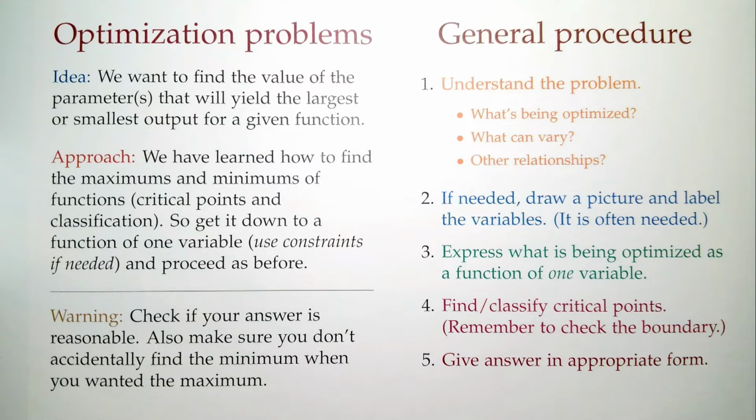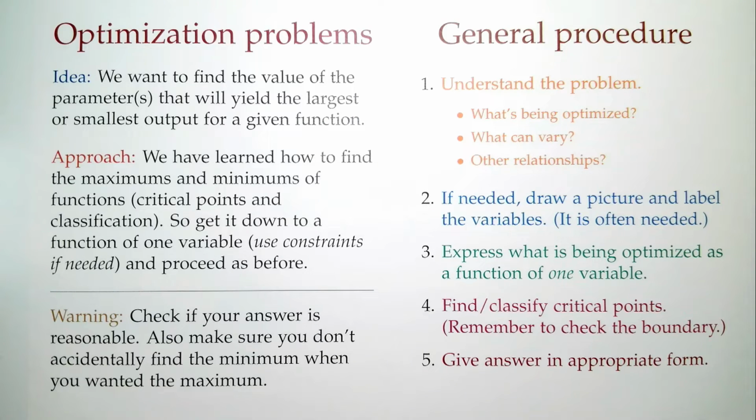All right, so what's the procedure? It's very simple. The first thing is you have to understand what's being asked. What's the problem? What is it we're trying to optimize? What can we vary? What's allowed to change? And do we have additional relationships? Sometimes we might have several things involved, but perhaps they're related to one another.